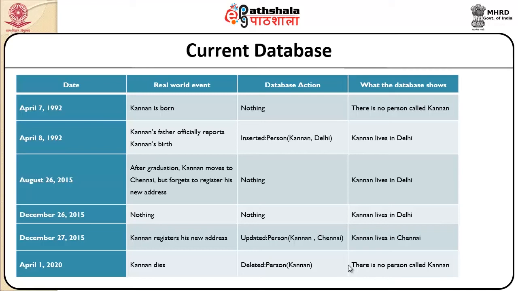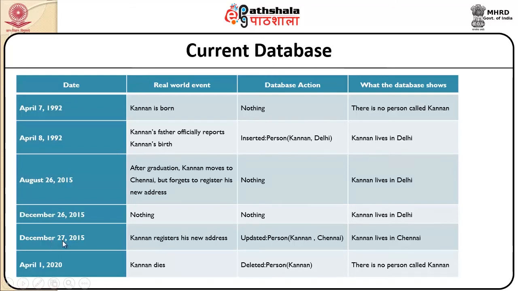As I have already said, valid time is the time at which the application considers that something has changed. Say for example, with valid time April 8, 1992, Kannan has been registered into the records. So, the record will say April 8 is the date of birth of Kannan and that Kannan lives in Delhi.